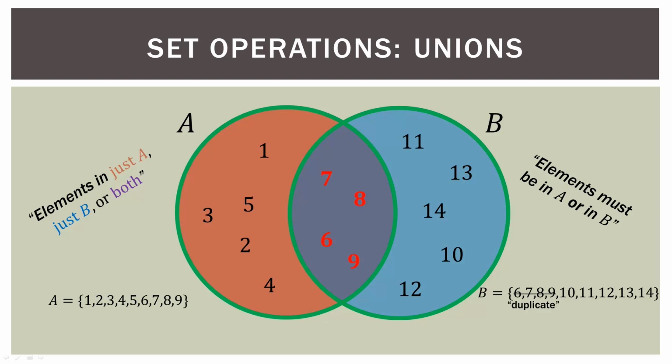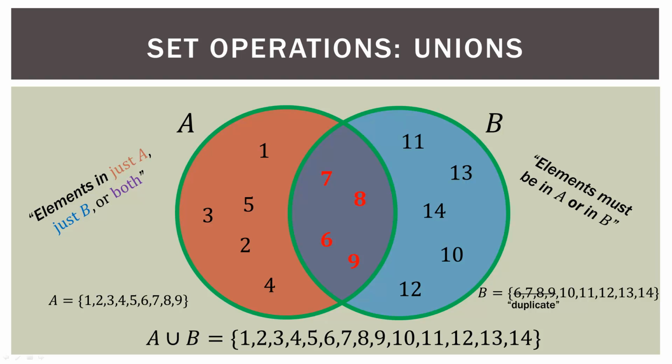But we can't count those numbers twice. We're only going to count them once. So when we say, what is A union B? It's all the numbers, 1, 2, 3, 4, 5, 6, 7, 8, 9, 10, 11, 12, 13, and 14. So all those numbers appear either in just A, just B, or both, or the elements are in A or B or both. And we don't double count the intersection where they overlap.